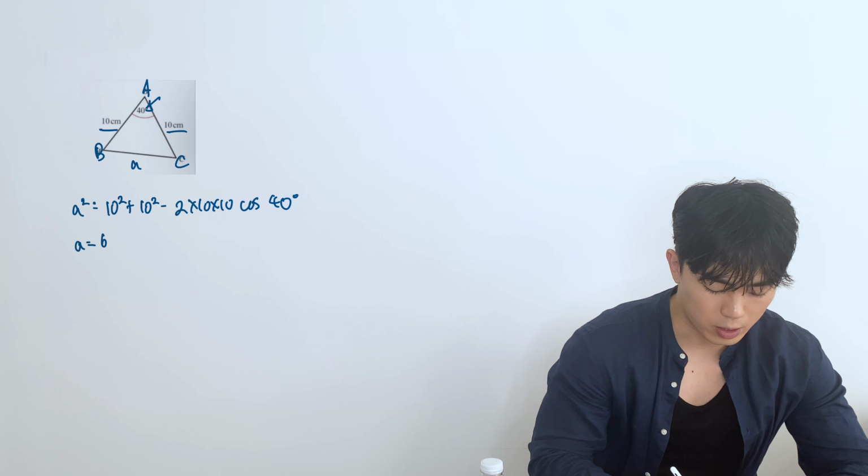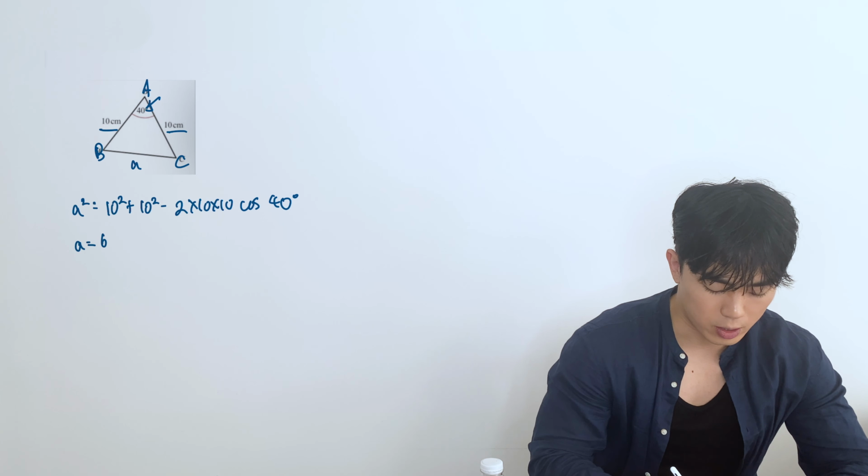But we might also know all three lengths and want to find an angle. Initially we have a squared is b squared plus c squared minus 2bc cos A. I'm now going to rearrange for cos A. So moving around, I have 2bc cos A is equal to b squared plus c squared minus a squared. Therefore, cos A is equal to b squared plus c squared minus a squared over 2bc.